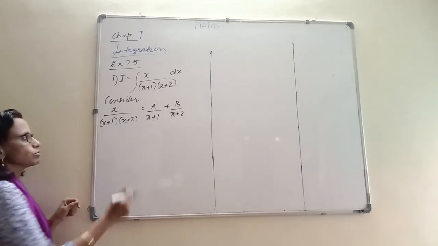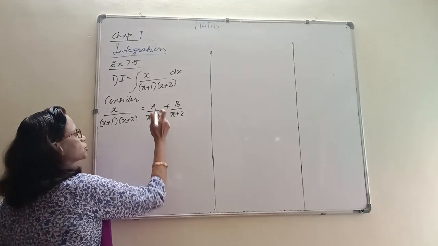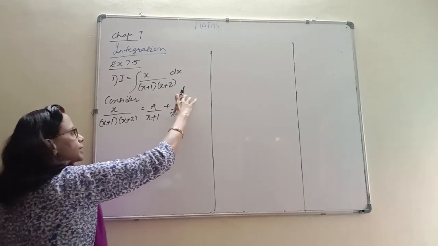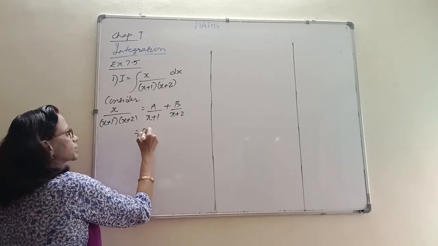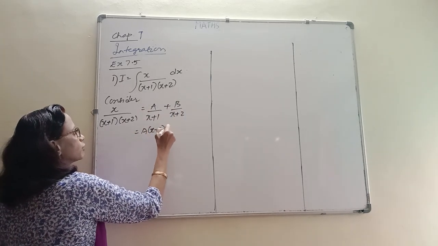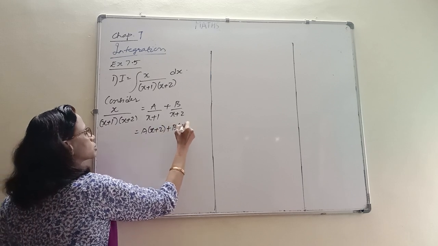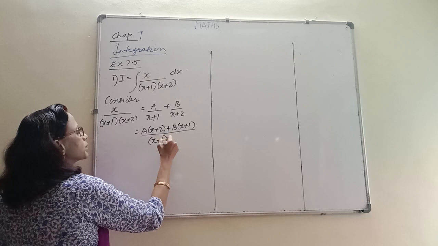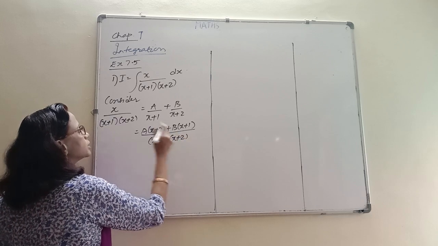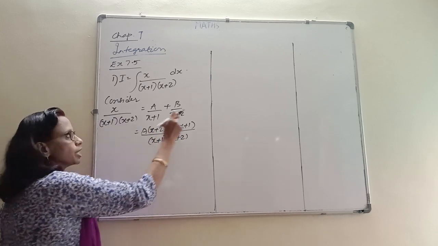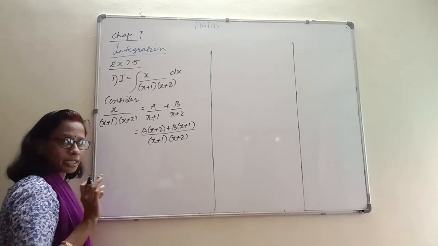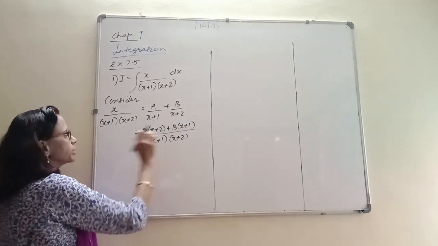Now how? Let's equalize. This entire fraction will be multiplied by x plus 2 and this entire fraction by x plus 1. Here it will be x plus 1 times x plus 2, here it is x plus 2 times x plus 1. Net effect, both the denominators are the same, so we write a common denominator.